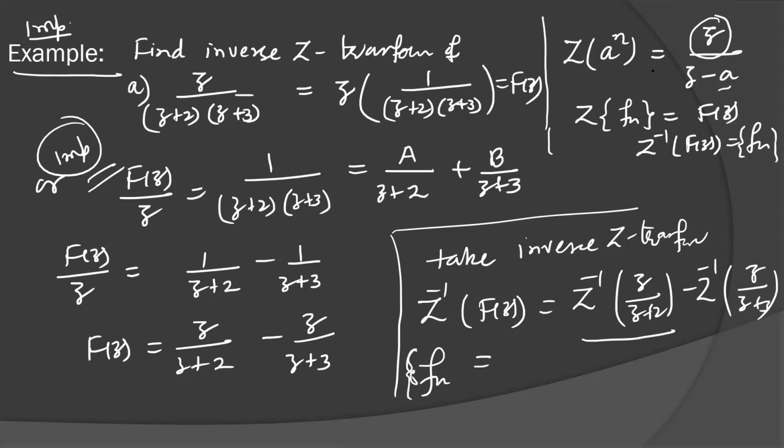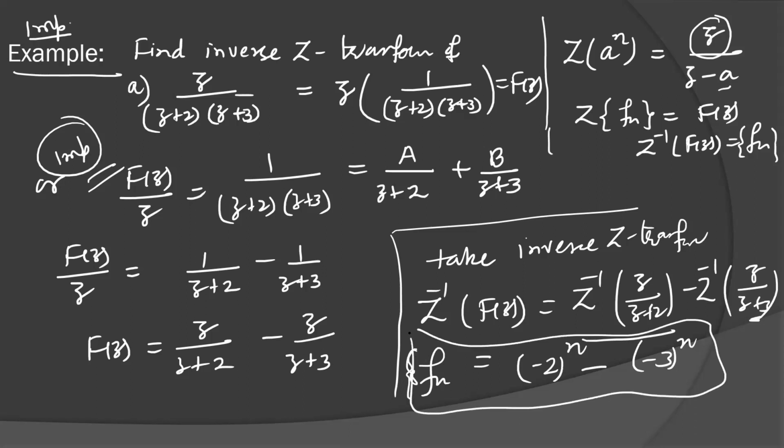If you compare with this, a is −2, so (−2)^n. What is here? a is −3, so it is (−3)^n. So this is our f(n) sequence for which this was the Z transformation.